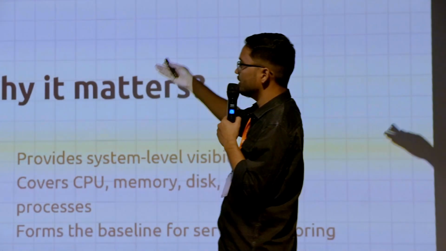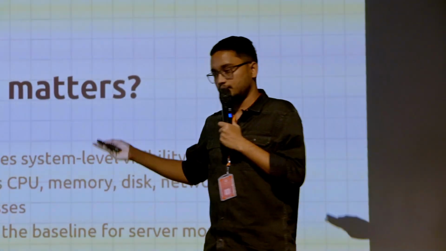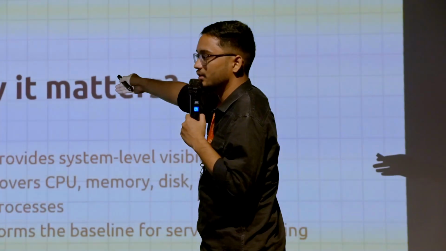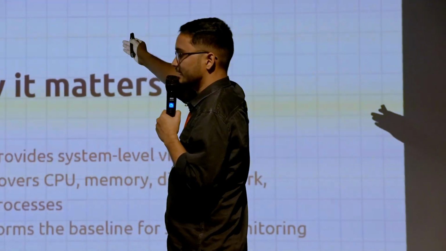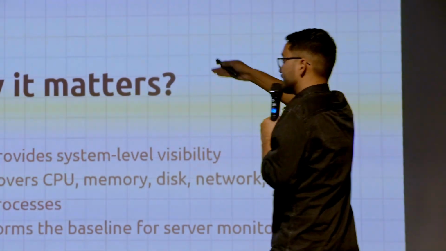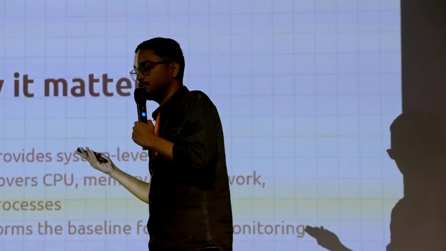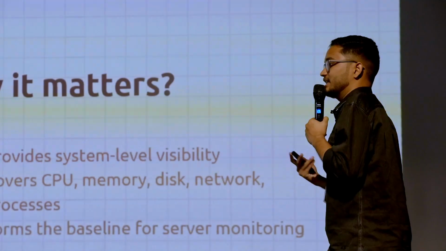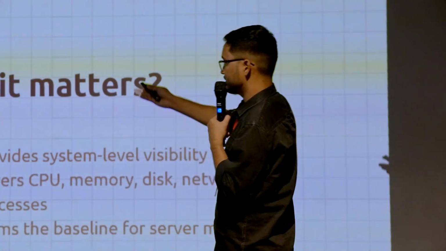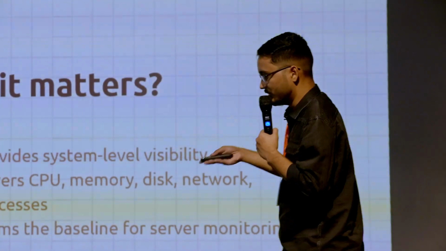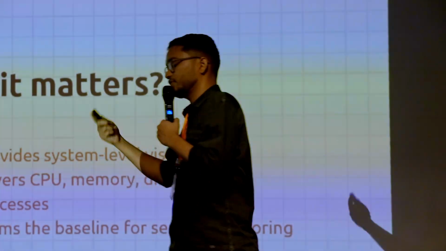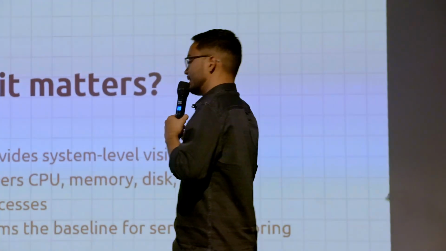So now let's talk about what node exporter is. Previously, during the Prometheus architecture, I talked about the exporters. Here is an example of an exporter. Node exporter is the go-to exporter for Prometheus. It exports different system level metrics to Prometheus, such as CPU usage, memory usage, the number of TCP transmissions that happened, like that.